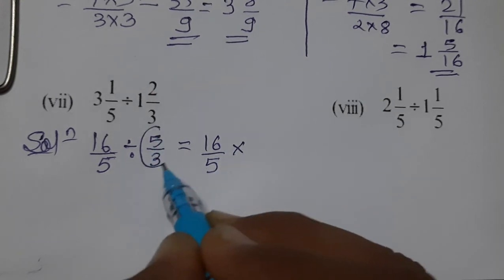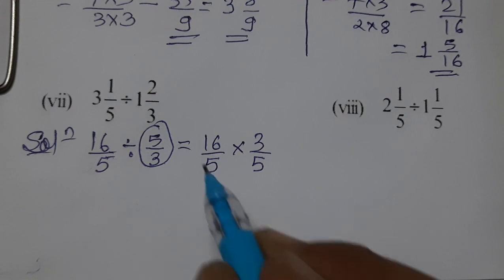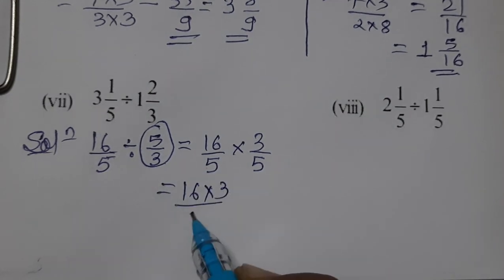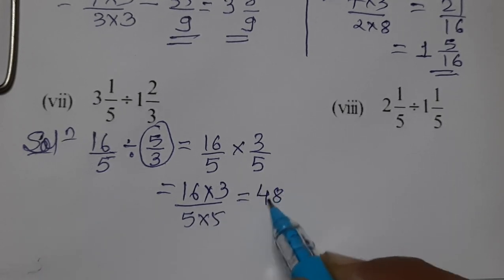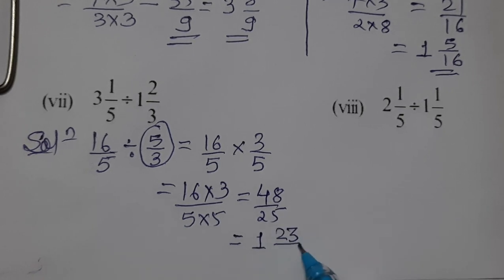What is reciprocal of 5 by 3? 3 by 5. Now not possible to cut, so multiply numerator with numerator and denominator with denominator. 16 3s are 48 and 5 5s are 25. So this is an improper fraction, so we'll convert. 1 23 by 25.